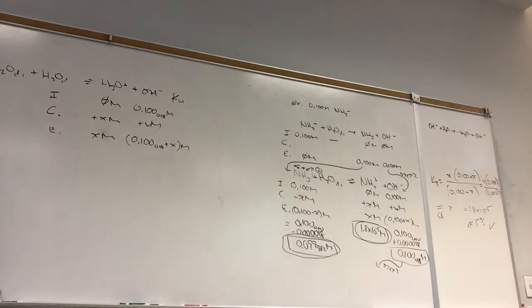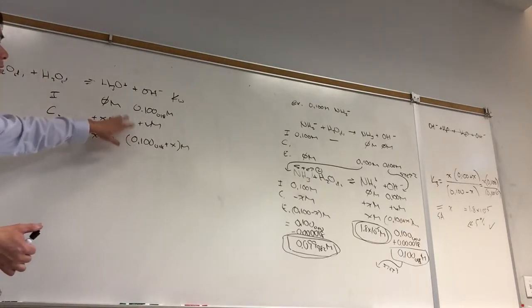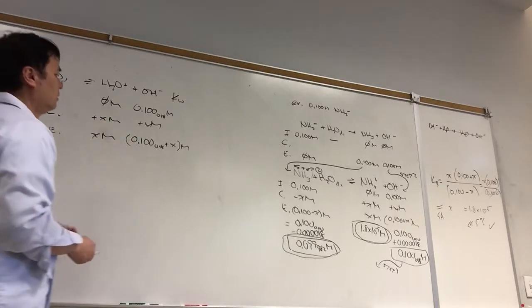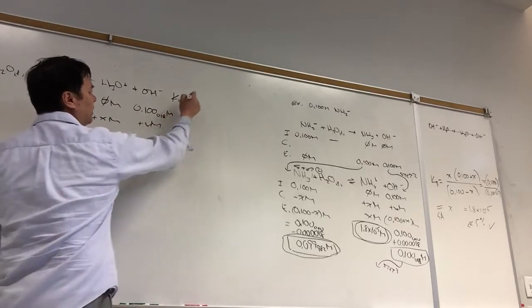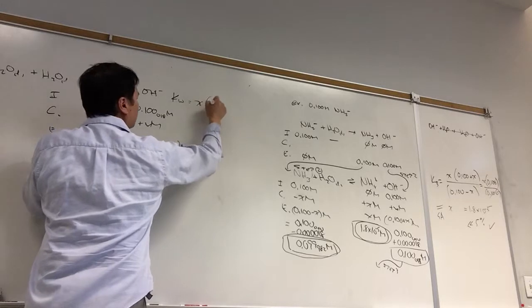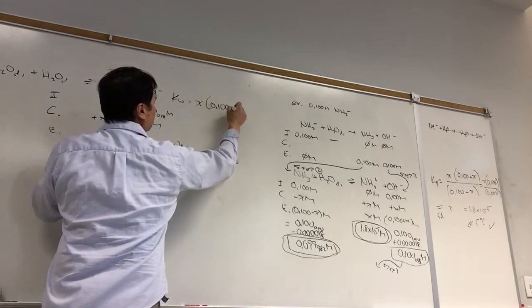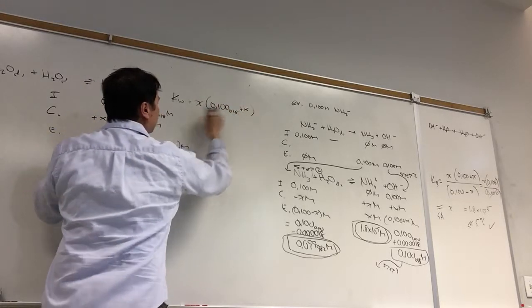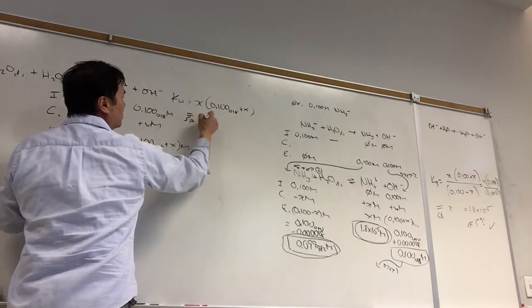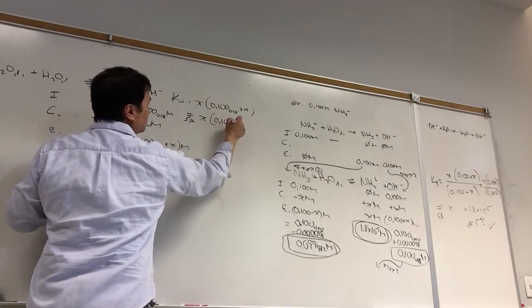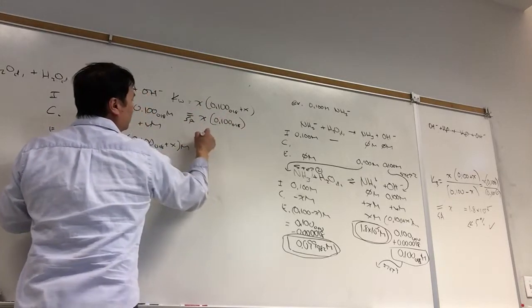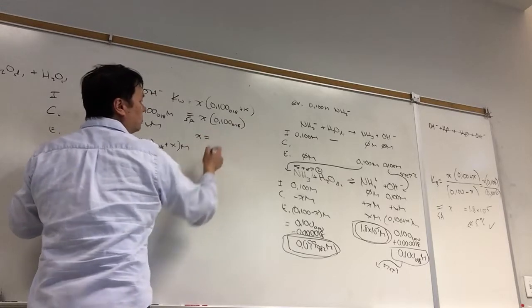And you got to remember the maximum X for base is going to be 10 to the minus 7 molar here because of the common ion effect. And so here, this is going to be X times 0.100, 0.018 plus X. The simplifying assumption should work pretty well here. So this is going to be X times 0.100, so 0.018. And then for X is equal to what?